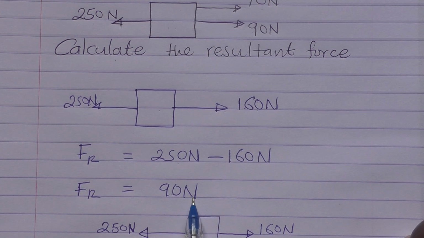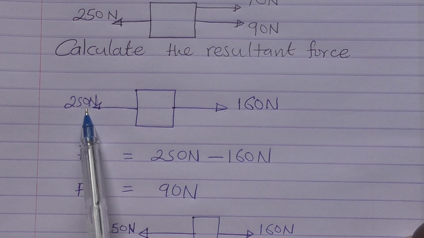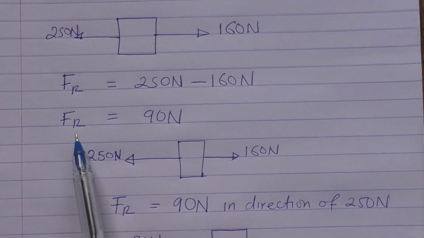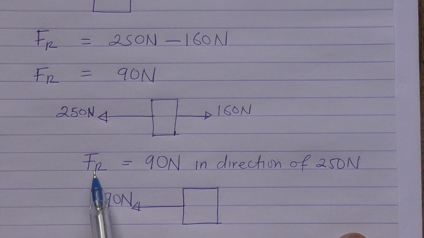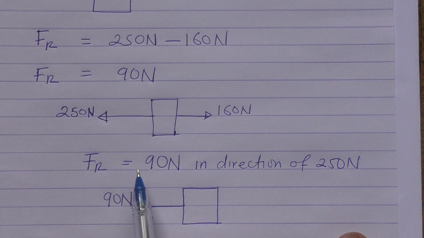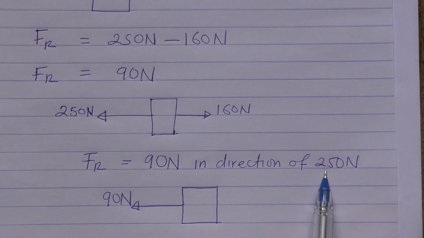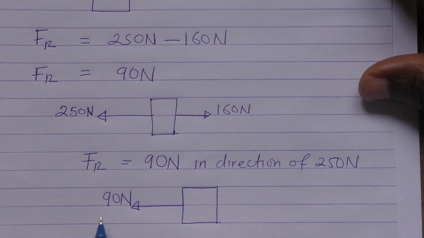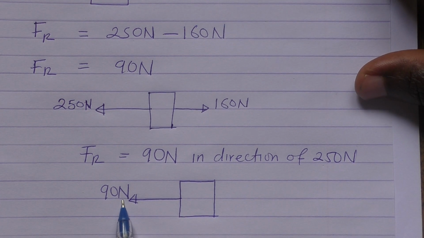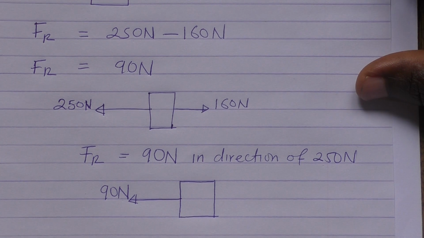It will take it by 90, meaning that the 90 newtons will be in the direction of the 250 newtons. So we shall conclude that the resultant force acting on the body is 90 newtons in the direction of the 250 newtons. And we shall simply illustrate that by drawing that single force on our diagram to show the resultant, or the final force, acting on the body.